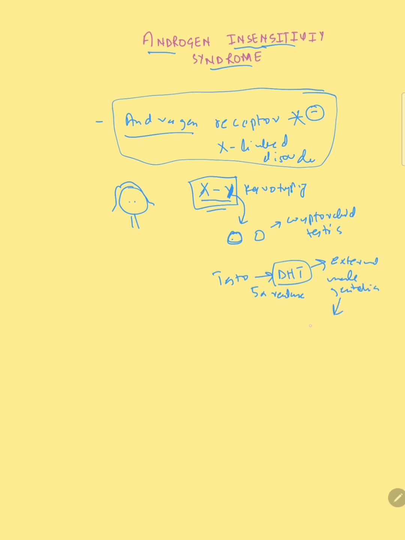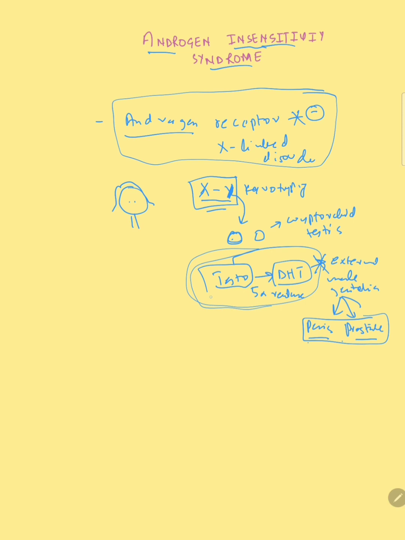These include the penis, the prostate, and the scrotum. So the external male genitalia are dependent on DHT, and DHT is dependent on testosterone, but these androgens don't work because the receptors are defective. There is an X-linked defect.